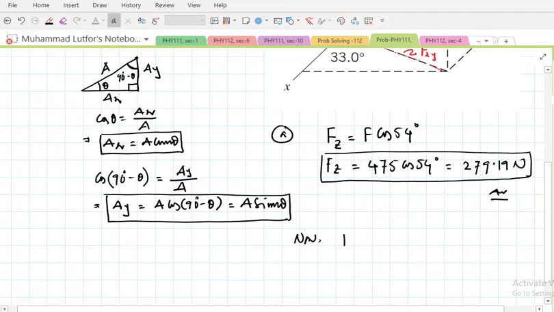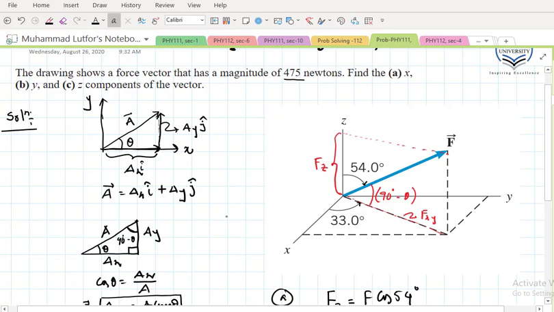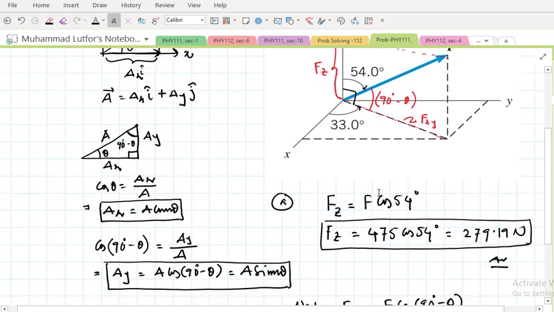Now F xy would be basically F cos of 90 degrees minus theta, right? Because these form a right angle triangle, a right angle axis coordinate system, that angle is 90 degrees. If this is theta, then this is 90 degrees minus theta.